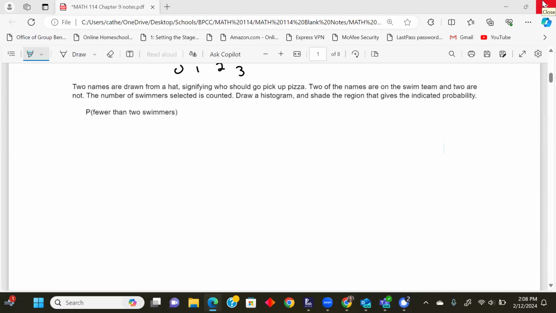So let's look at this. We're going to have to do a little tree diagram first. Okay. So our totals, we have swimmers, we have two, we have non-swimmers that are two. We're going to pick two people.